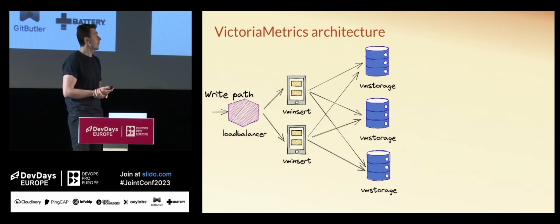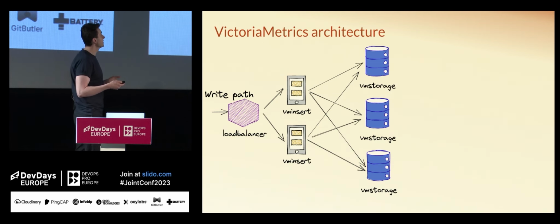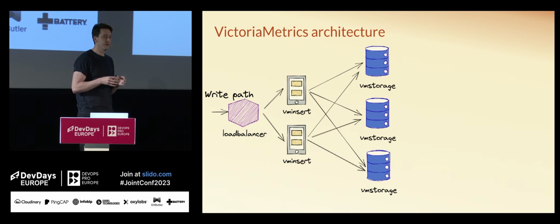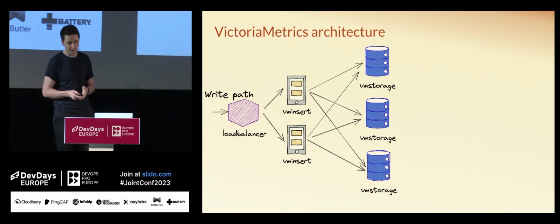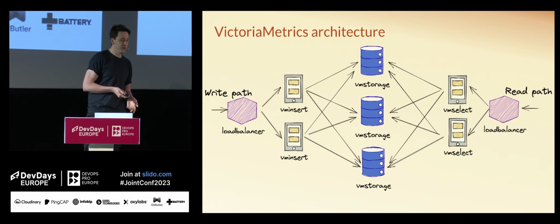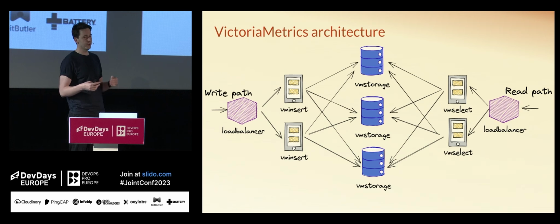On the write path, we have a stateless component called VM insert, which receives writes from the clients, and then it shards and replicates data across available VM storages. And on the read path, we have VM select, which is similar to query frontends. That's basically the component which evaluates PromQL expressions.